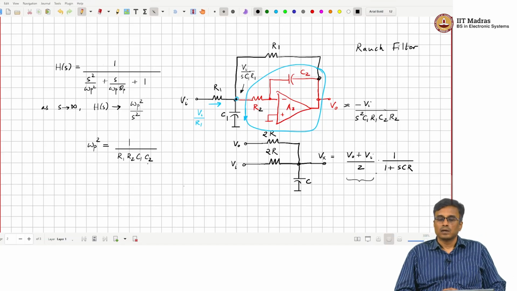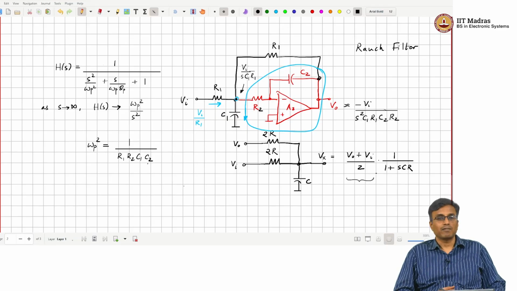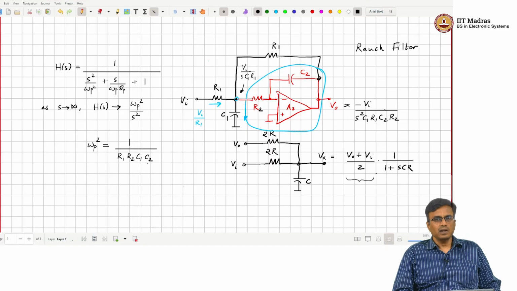Here we have 1, 2, 3, 4, 5 components and 3 parameters to control, namely DC gain, omega p and Q p. So you will still be able to choose two of these independently. Does that make sense?